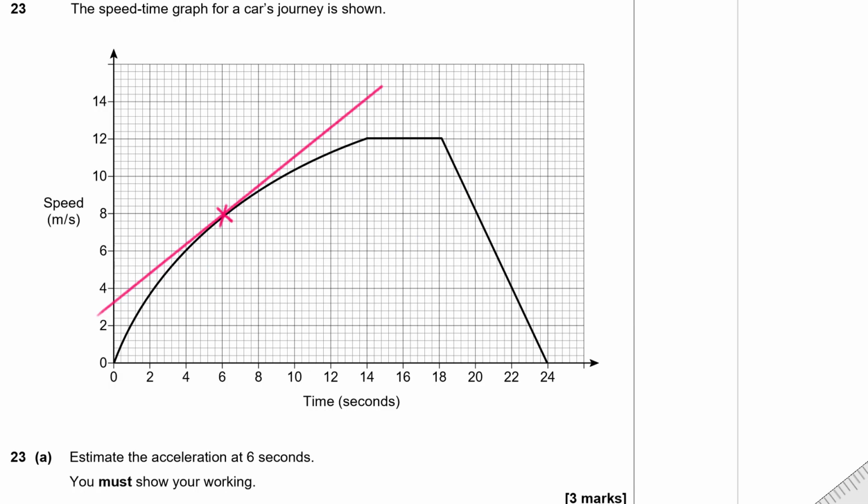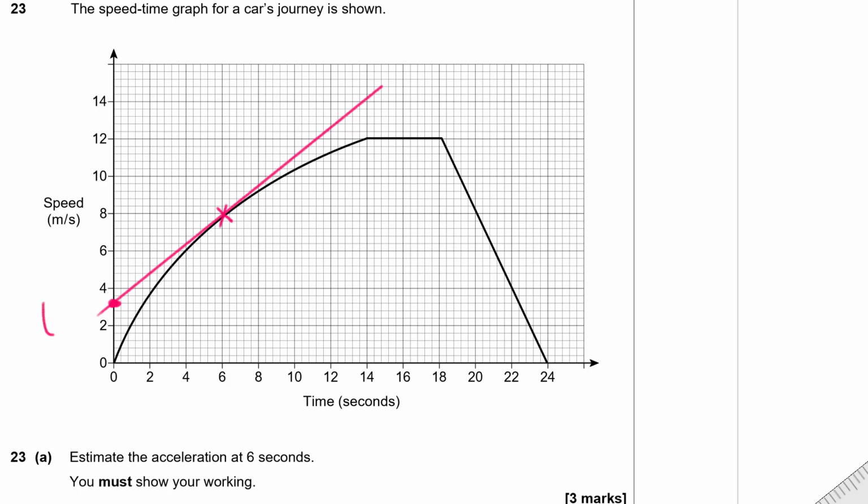Okay, so taking 2 points on this line, let's take this point here, that's the point 0, what's the scale here? Each one of those little squares is 1/5 of 2 units, isn't it? So 5 divisions between 2 units means that each division is 0.4, so I would read that one as 3.2.